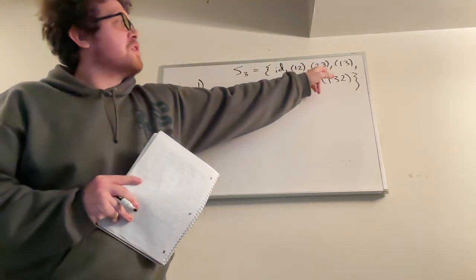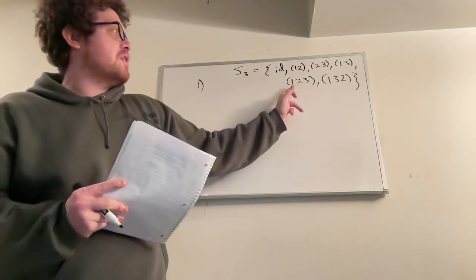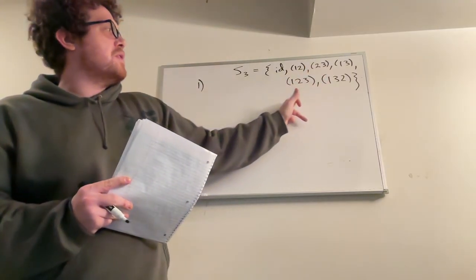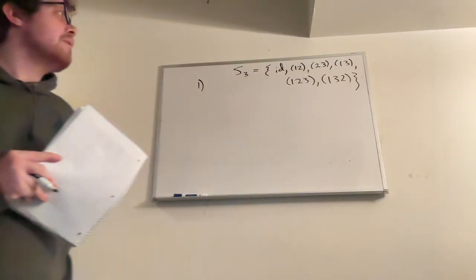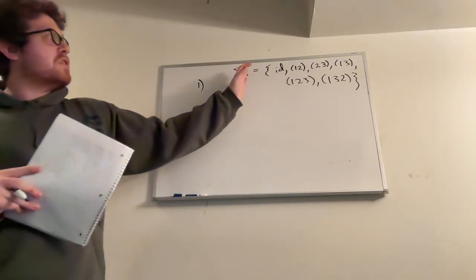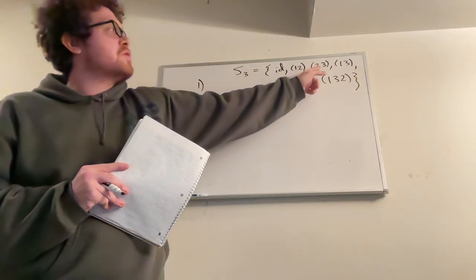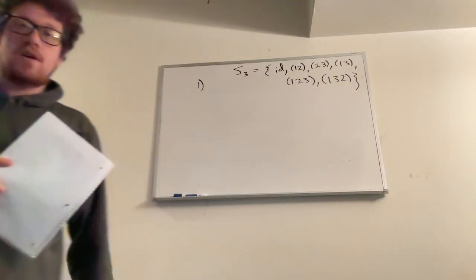Here 2 goes to 3, 3 goes to 2, and 1 goes to itself, and so on. You see here 1 goes to 2, 2 goes to 3, and 3 cycles back to 1, and so on. So S3 is the permutations of 3 elements, and there's 6 permutations total. We don't do anything, we swap 1 and 2, swap 2 and 3, etc.